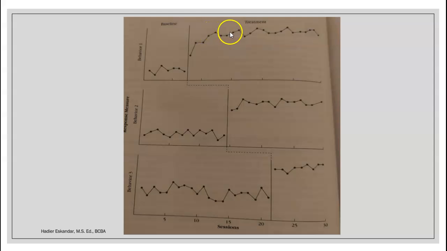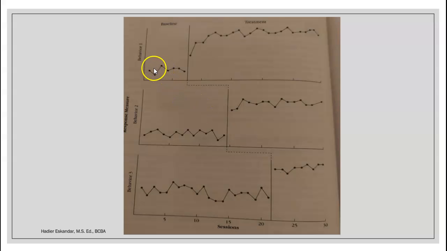And once the change in behavior is stable, you go to the next behavior and you introduce the same treatment to the second behavior. And once the behavior change is stable, then you go to the third behavior and you introduce the treatment to the third behavior.